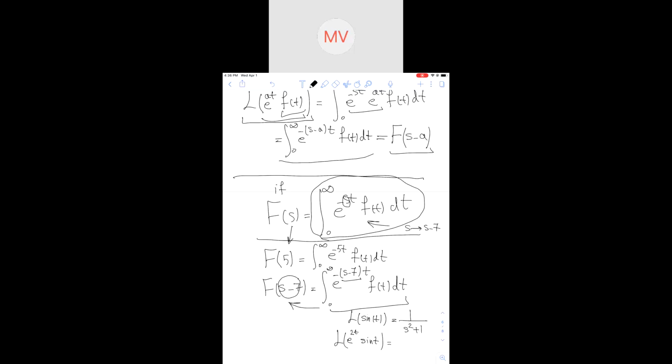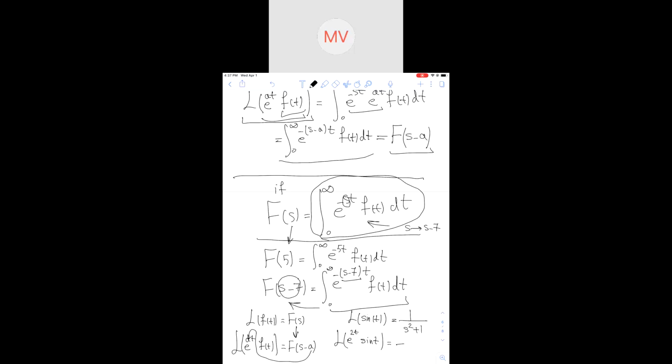This transition formula we got up there tells us, if you already know Laplace of f of t, which is capital F of s, and you multiply f of t by e to the at, Laplace of that is basically the same Laplace function you already had. Just replace s with s minus a, and a is that number in the exponent of e multiplied by t.